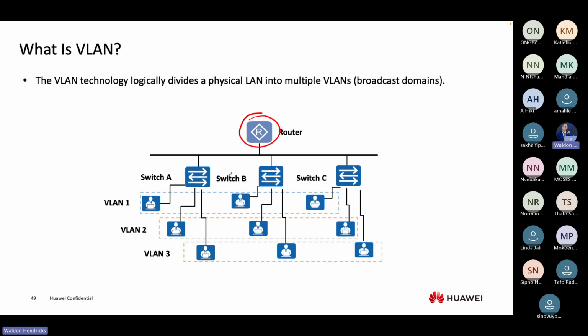So you have different switches: switch A, switch B, and switch C. What you'll notice here is that VLAN 1 is configured to that switch, VLAN 2 is configured to this switch, and VLAN 3 is configured to this switch here. There's a certain port on the switch that connects VLAN 3, a certain port that connects VLAN 2, and a certain port that connects VLAN 1. And again, from that, you have other switches that connect it and so forth. So that's basically creating multiple VLANs and broadcast domains.